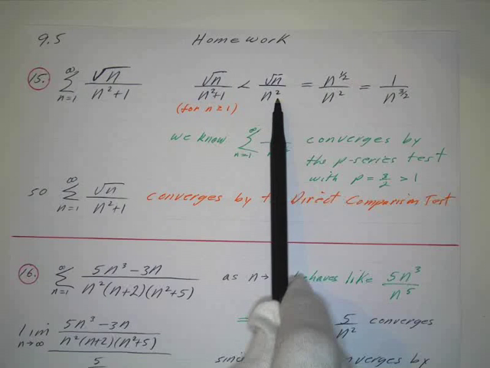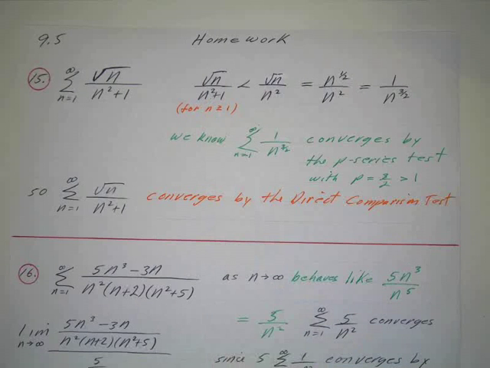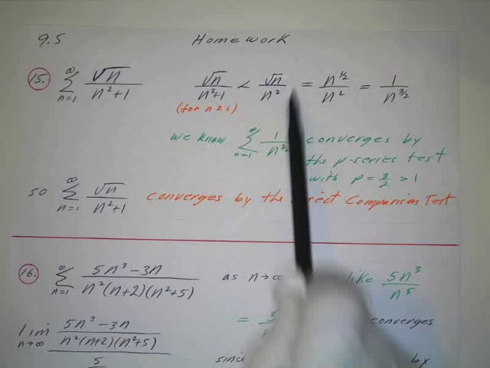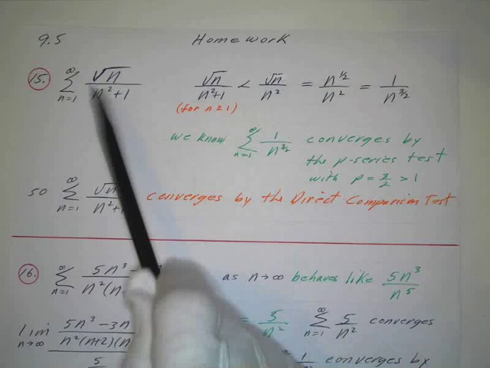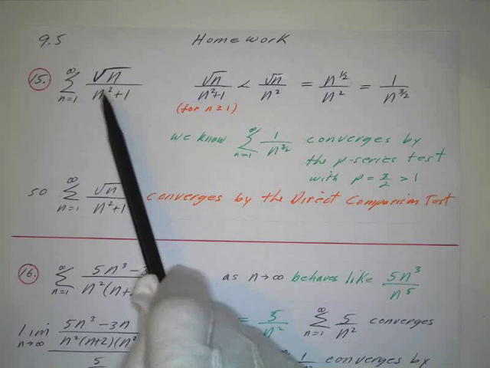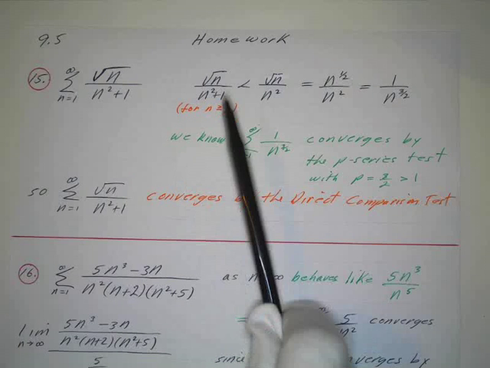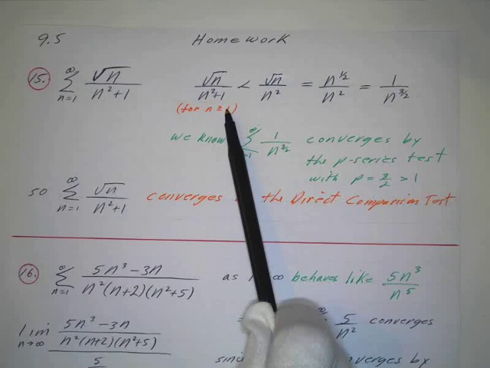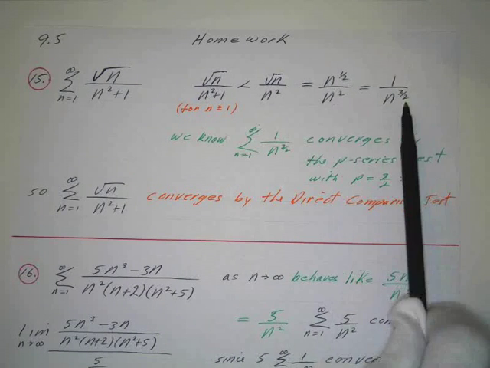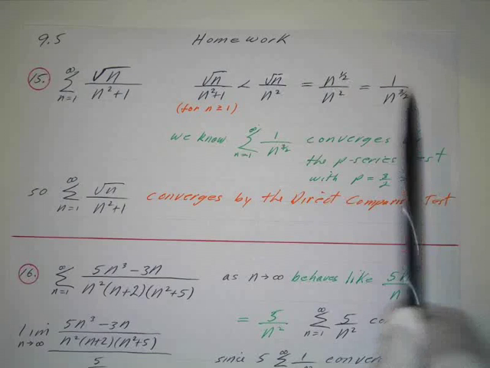If I add 1 to the denominator, it's going to make it smaller, because I'm increasing the denominator, which makes the fraction smaller. So I hope you can understand this inequality. I can get that from here, especially when I see something like this. It's real easy to get this relationship. And then I can write this in exponential form, and I have this.